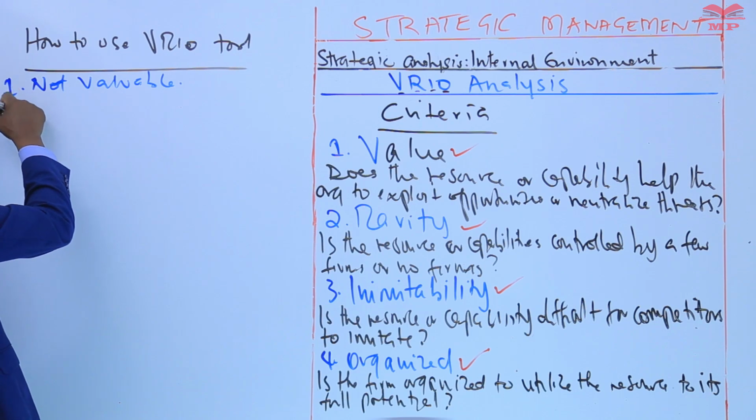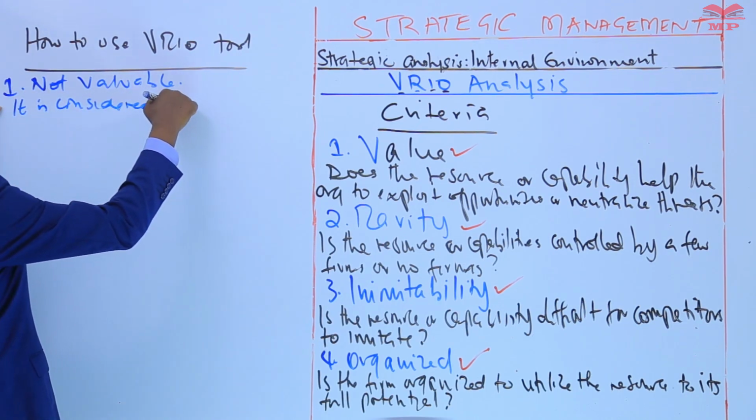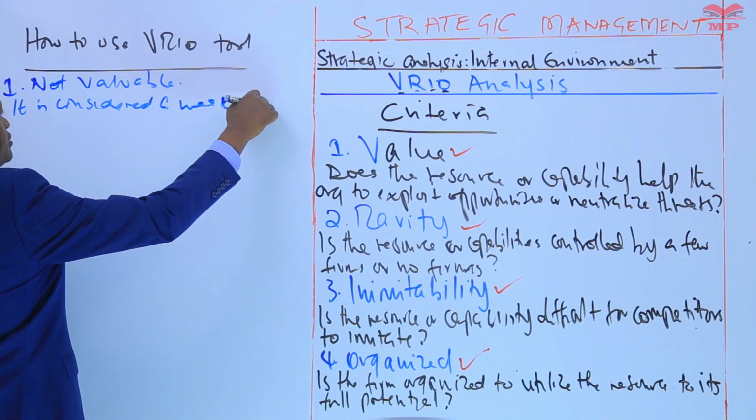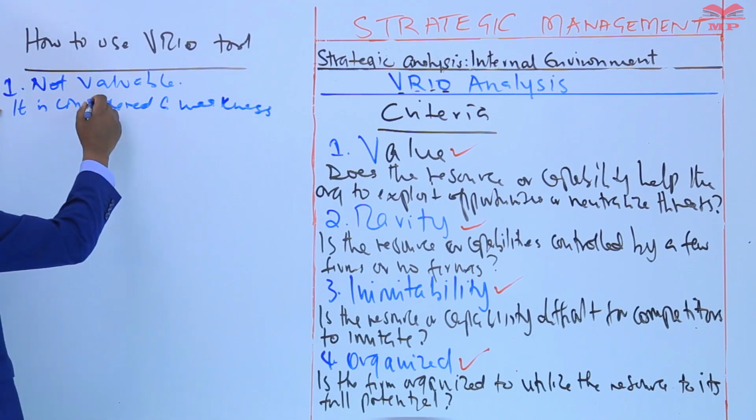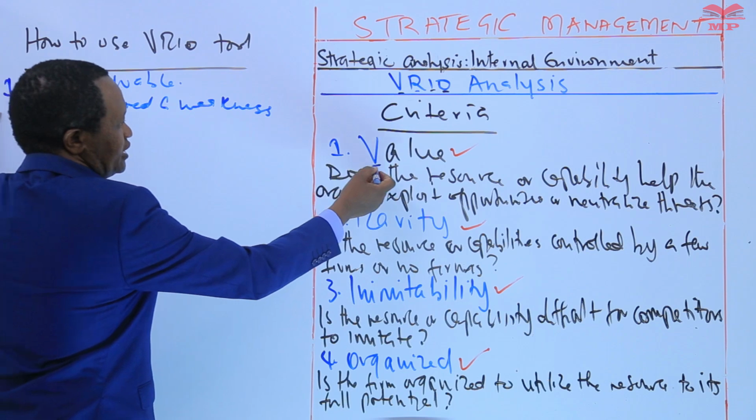If not valuable, it is considered a weakness. If a resource is not valuable, meaning the resource or capability does not help the organization to exploit opportunities or neutralize threats, that's what we discussed here.